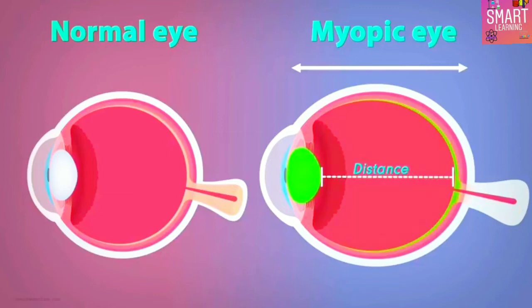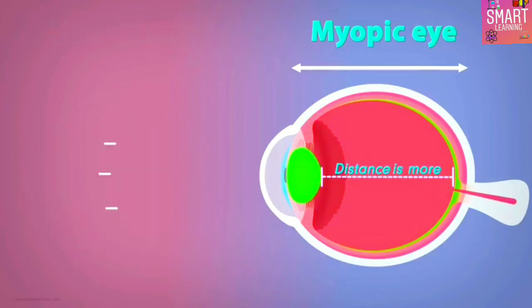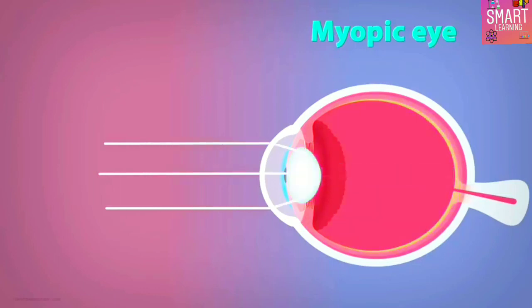Because of this larger distance between the two, the image is formed in front. Well, one thing we must note here is that the lens functions in its usual way. It doesn't work any differently than it's supposed to. The only thing is that the image is formed at a different position.